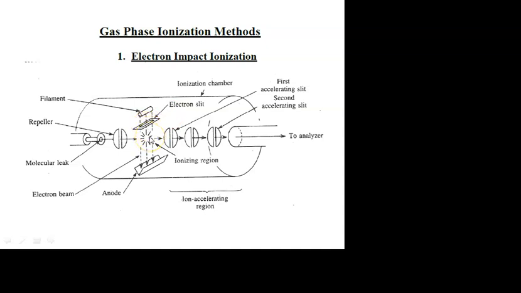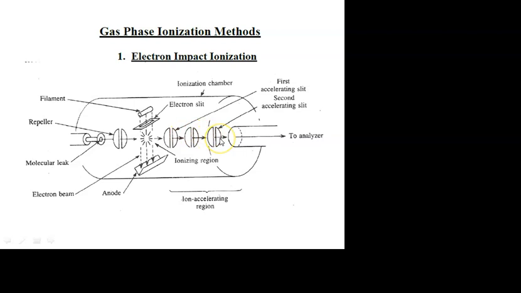So the positive ions go ahead with acceleration. The repellent of positive ions, as we discussed in the previous video, is present here. This repellent repels the formed positive ions, and then they go to the next accelerating slit.